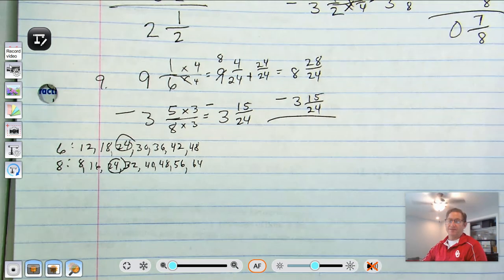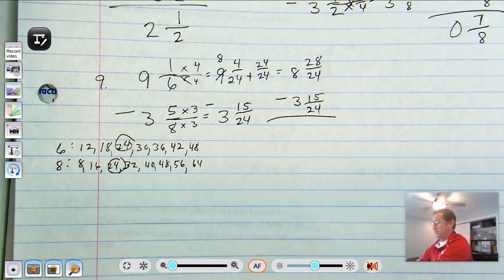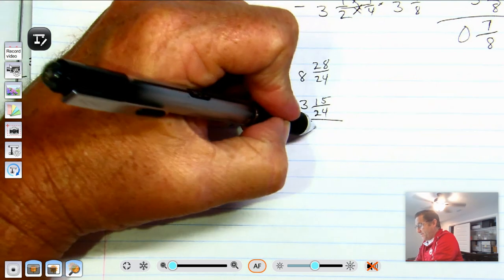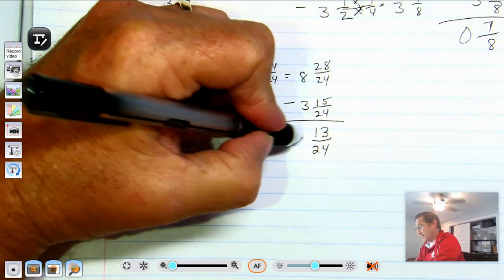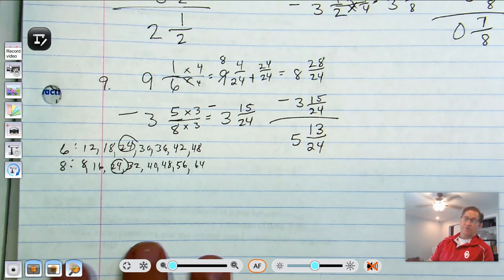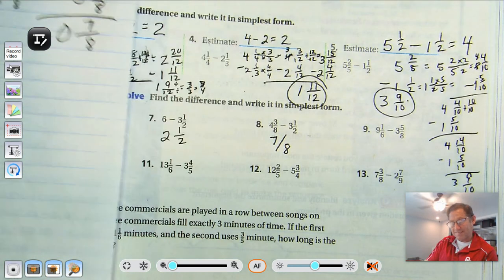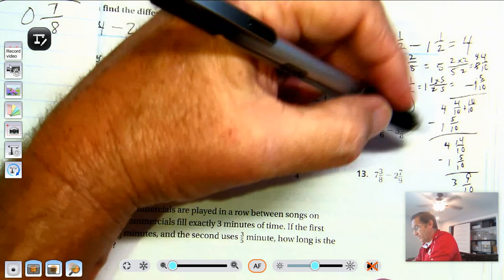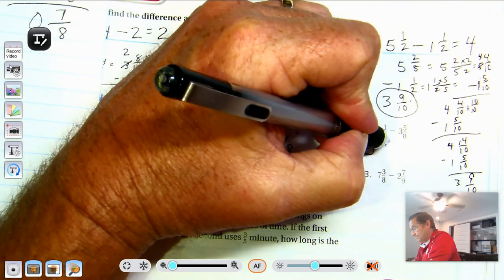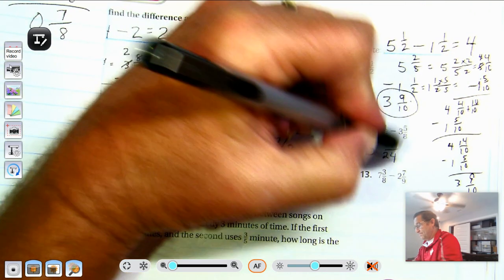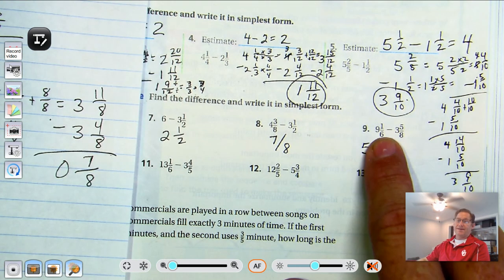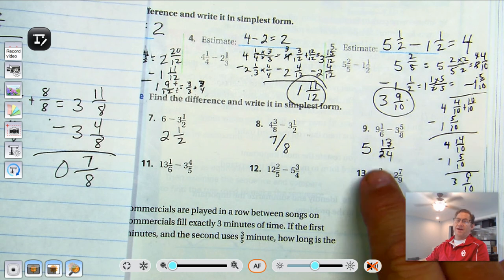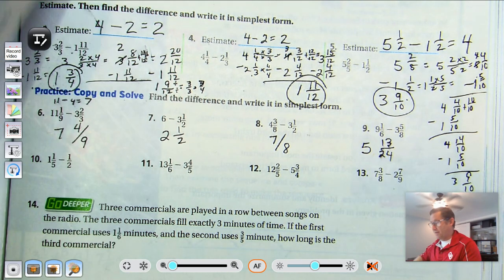It's so that the fraction is large enough to subtract the other fraction. So 28 take away 15 is 13/24, and 8 take away 3 is 5. So number 9, 5 and 13/24. And if we were estimating, 9 take away 4 is 5. So it's reasonable.